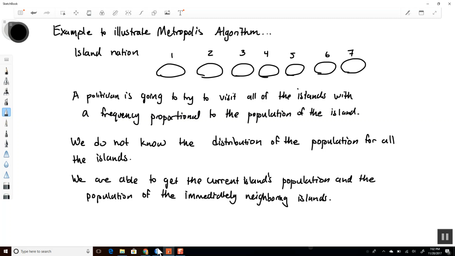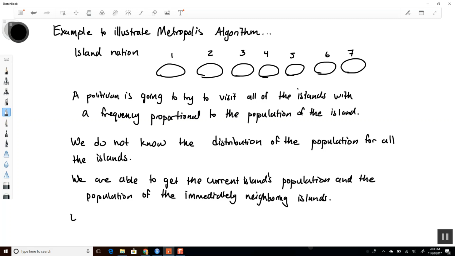And as far as the travel goes, the politician each day has an option: either to stay on the current island, go to the island to the right, with a higher number, or go to the island to the left, with a smaller number, and make another campaign stop or visit the following day.